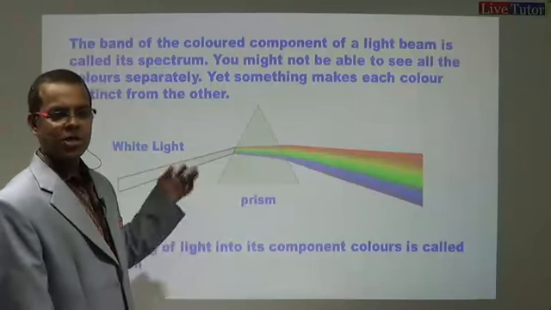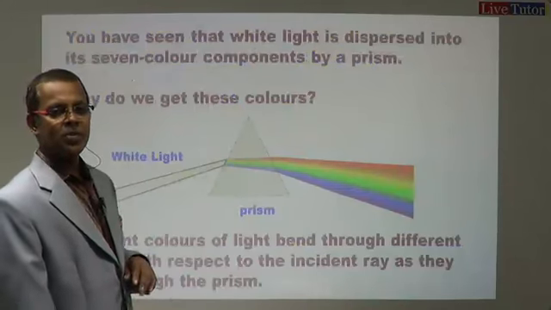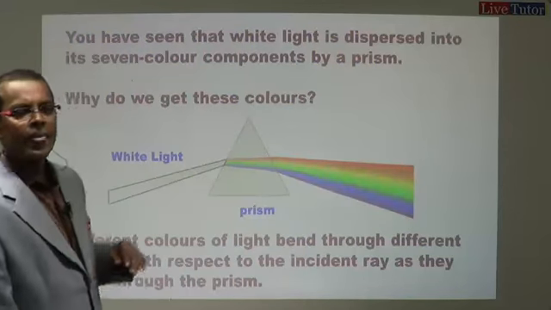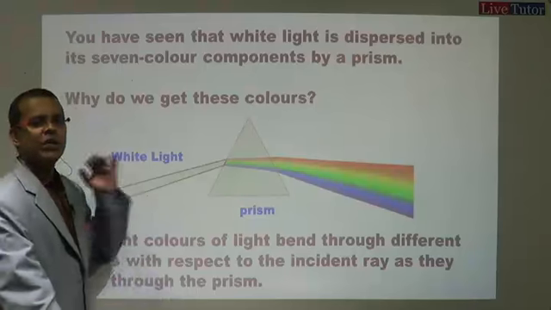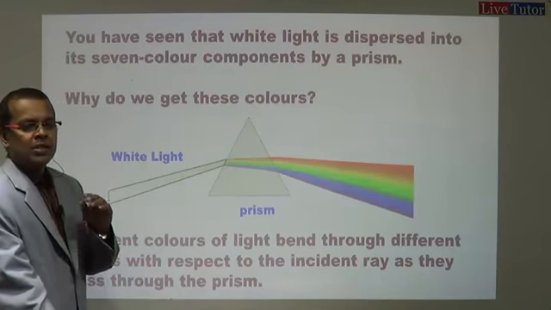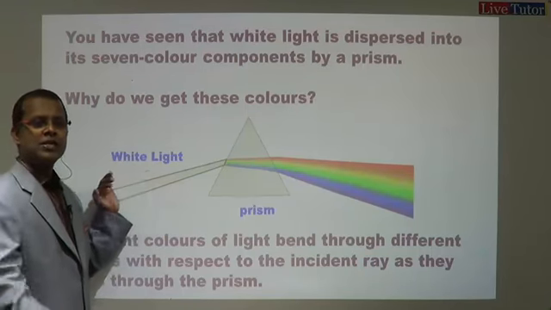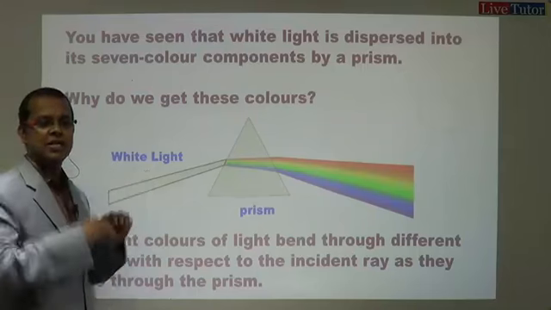So the dispersion is possible only if there is a prism. Without a prism it is not possible. Okay. So why do we get these colors? This is because this white light is consisting of 7 colors inside.